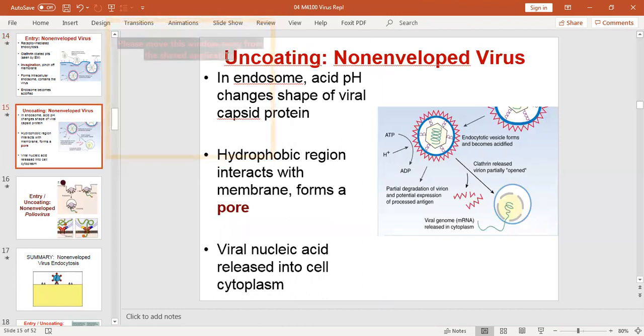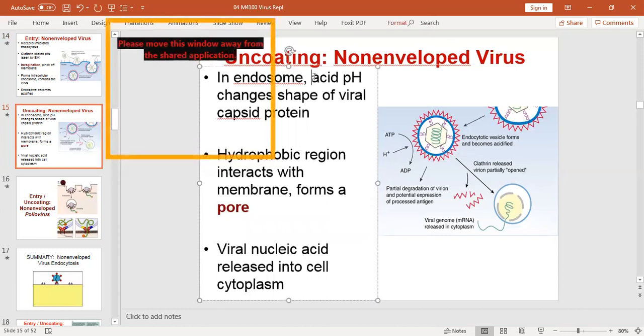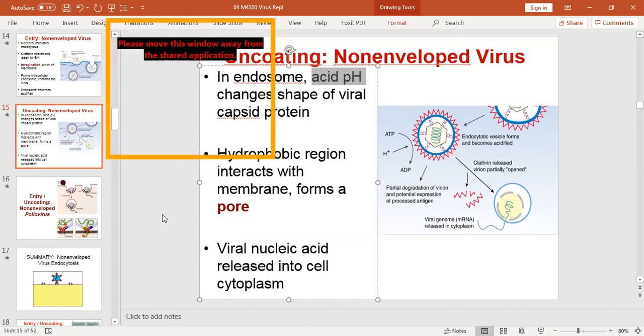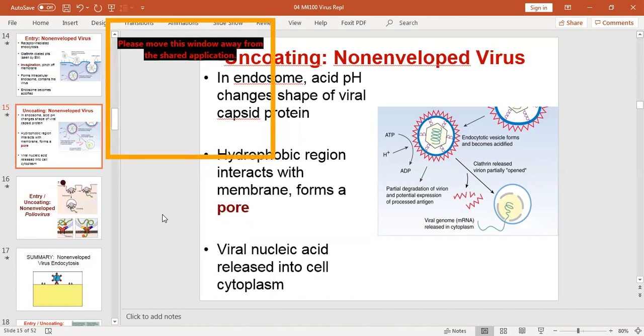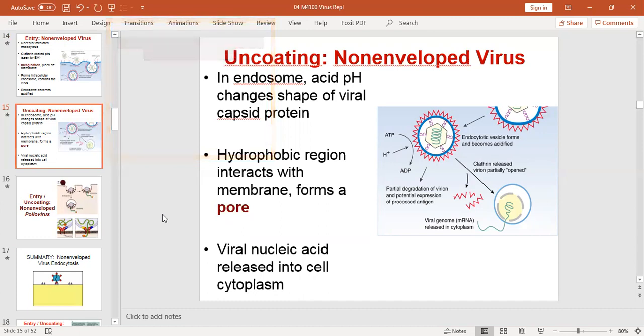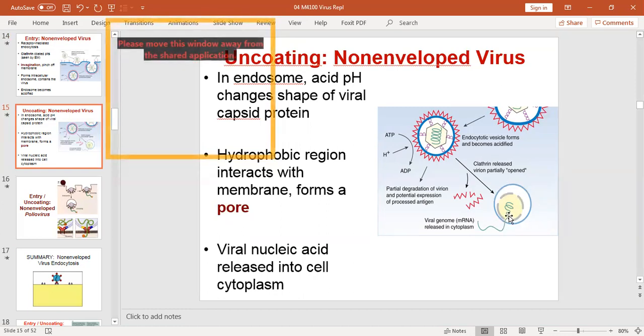So let's talk about uncoating now. Virus is in endosome. Endosome has an acidic pH. This acidic pH will cause a conformational change in the viral capsid proteins in a way that the hydrophobic regions of these viral capsid proteins will interact with the membrane of the endosome, create a pore.